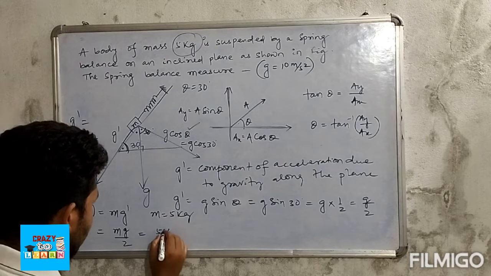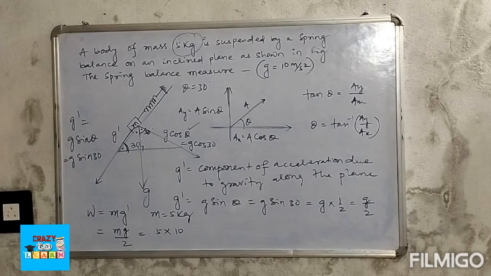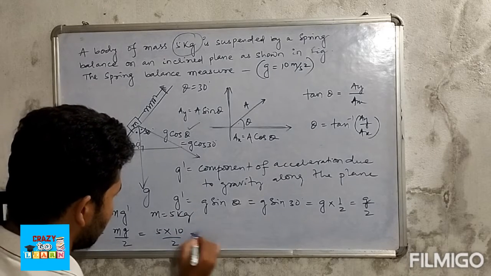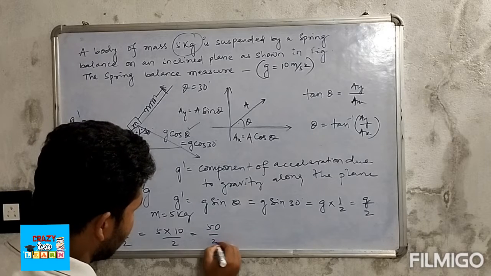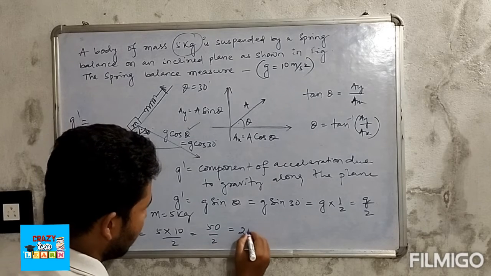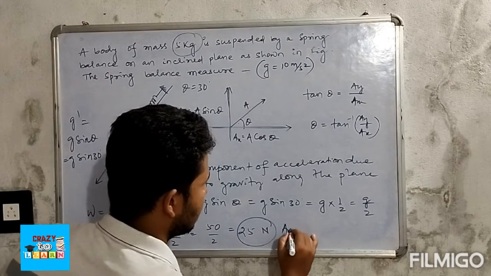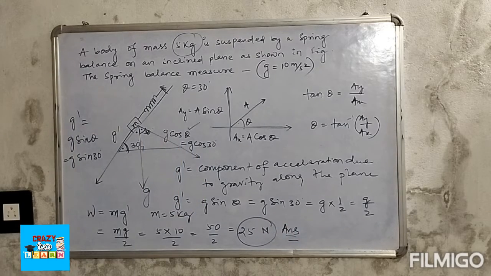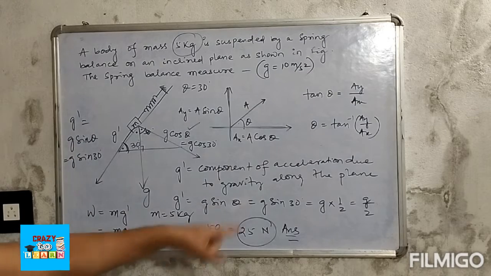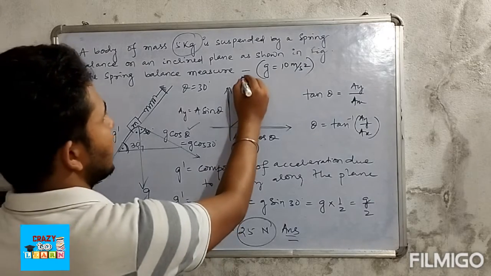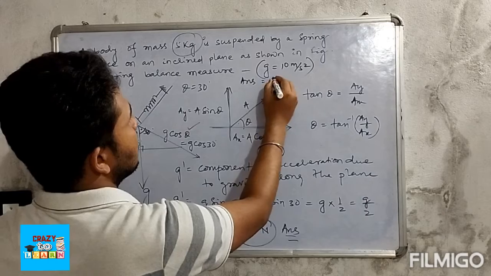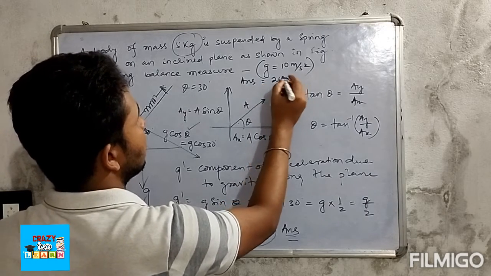So 5 into g, which is 10, divided by 2. So 5 into 10 is 50, divided by 2, you will get 25 Newton. It is your answer. So the spring balance measures the weight W equal to 25 Newton. So the answer is 25 Newton.